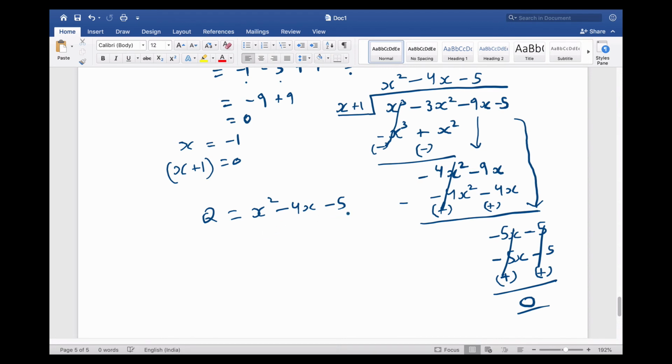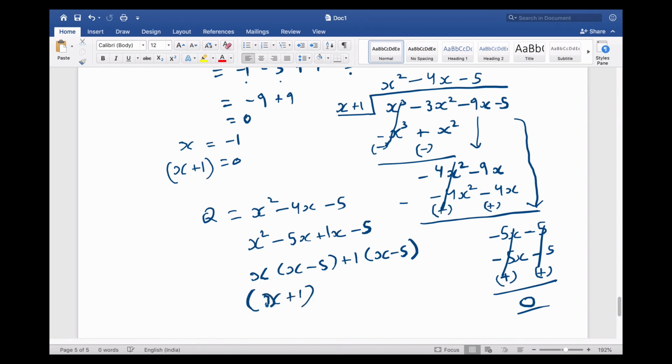Again, the factor will be minus 5 plus 1, right? So I will get x square minus 5x plus 1x minus 5. So x is common. I will get x minus 5 plus 1, again x minus 5. So the factor will be x plus 1 into x minus 5.